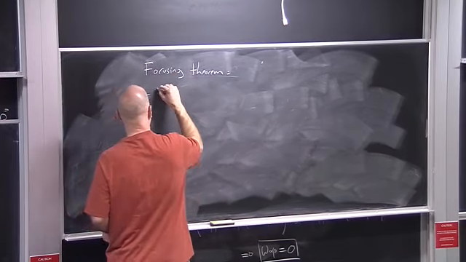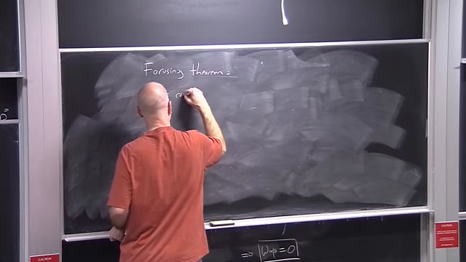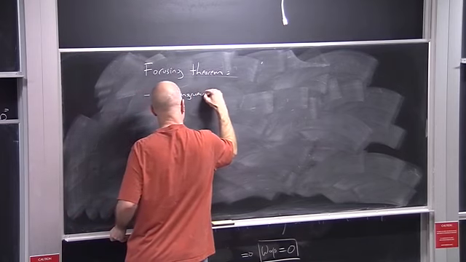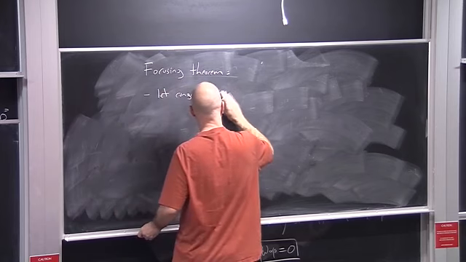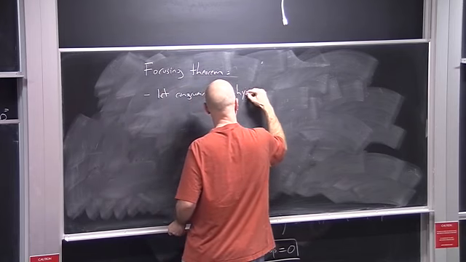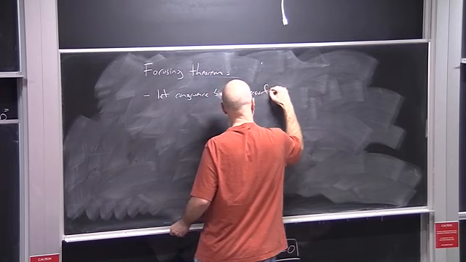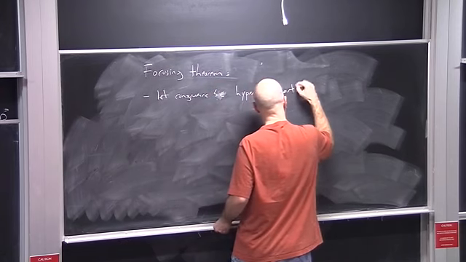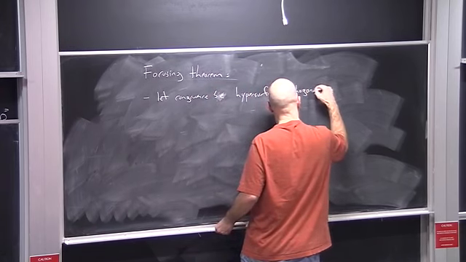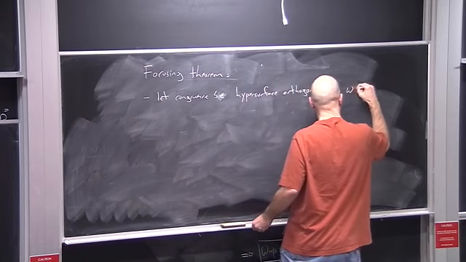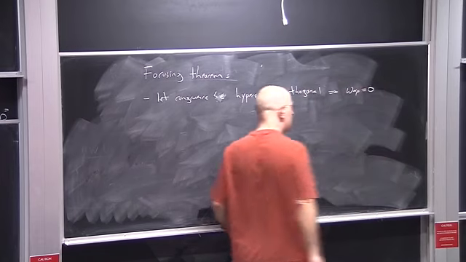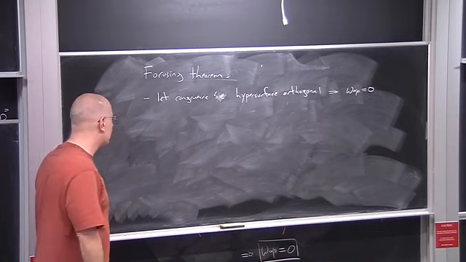So we're going to let the congruence be hypersurface orthogonal, meaning that omega is going to be declared to be 0 for our congruence.